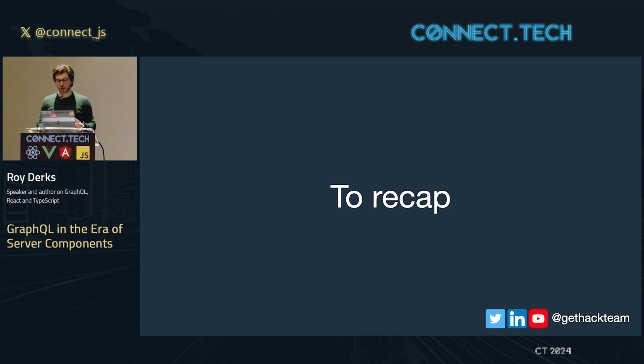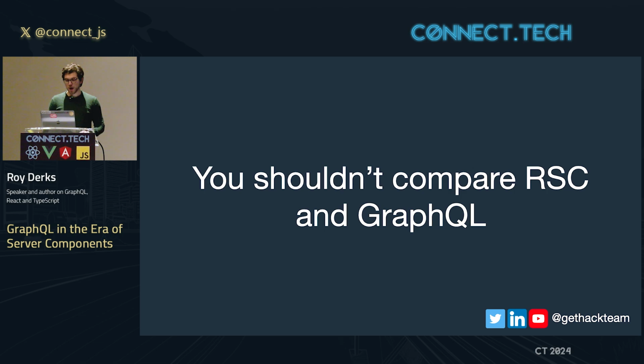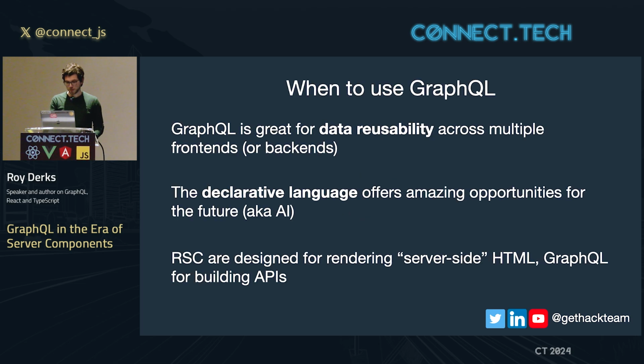So let me recap what we discussed today. The biggest point is don't try and compare React Server components to GraphQL one-on-one. You might be able to fulfill the same need you're looking for, but in very different ways. Because GraphQL is great for reusing data across multiple backend data sources.